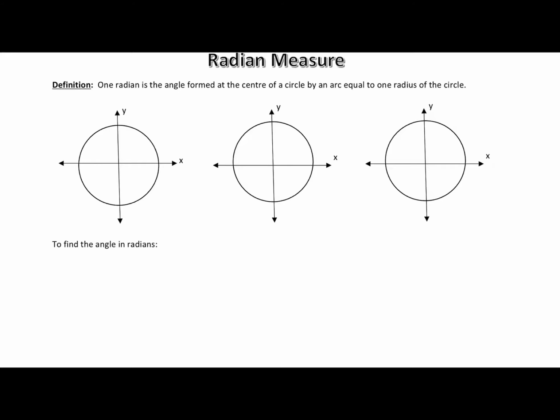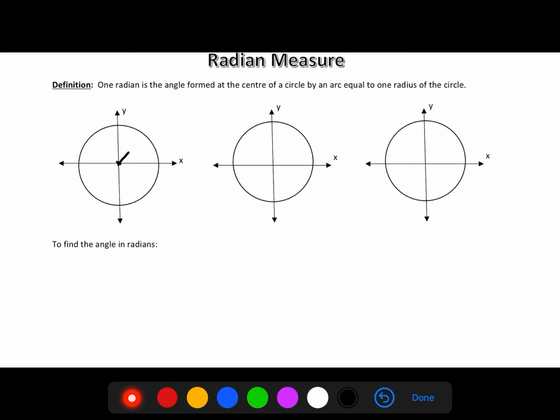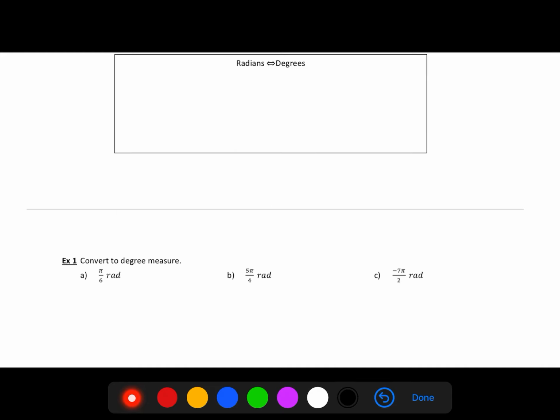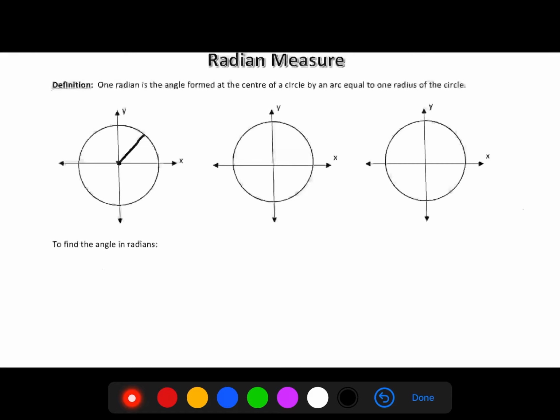So 1 radian is the angle formed at the center of a circle by an arc equal to 1 radius of the circle. Okay, so the radius of the circle is from the middle of our circle to the outside of our circle, creating that line and the arc of our circle.